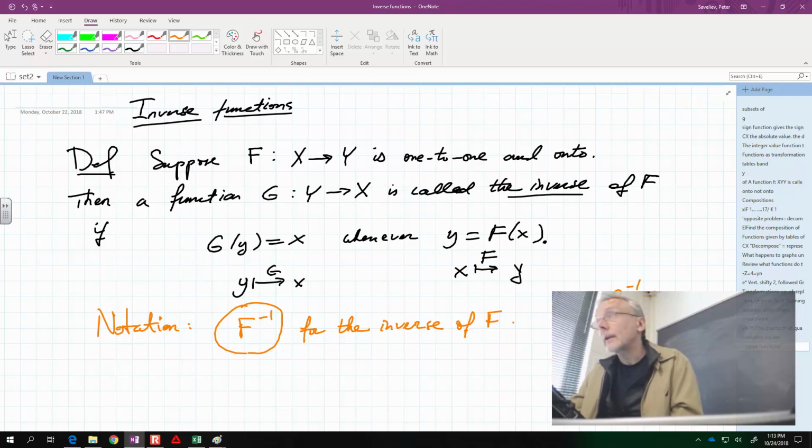Not negative 2, but 1 over 2 to the first power, which is 1 over 2.